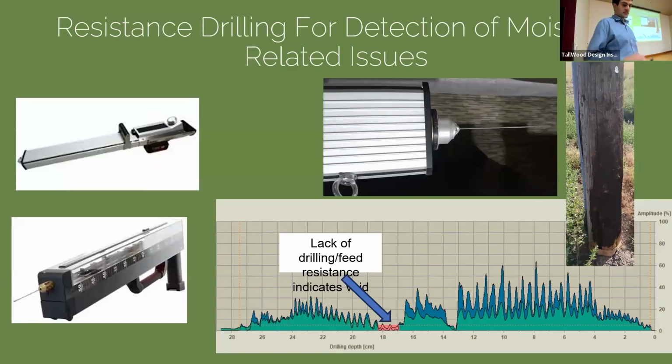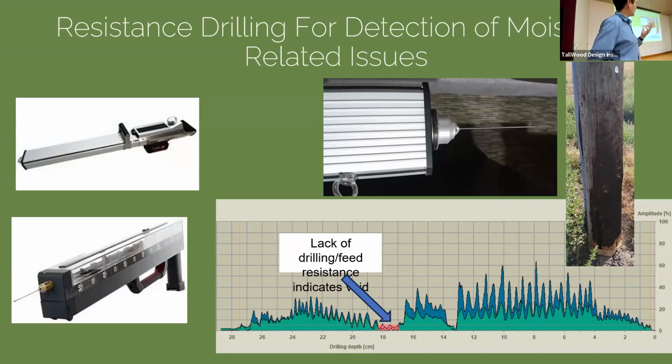Essentially, this method is a drill with a very fine needle instead of a drill bit. That bores into wood, and the equipment will measure the resistance to feed, forward motion, and resistance to drilling. So this is an example of some output of one of these resistance drills. This is the IML Resi.